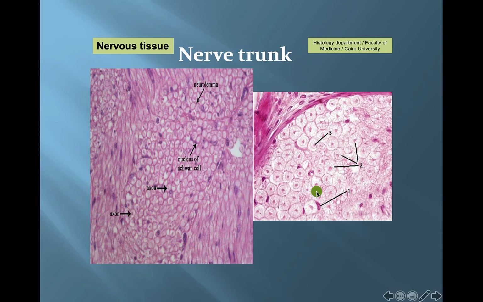Of course, in diabetes mellitus, demyelination of the peripheral nerve fibers will lead to impairment of nerve function seen in the advanced cases of diabetes mellitus.